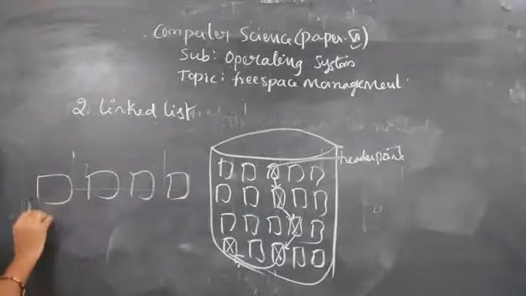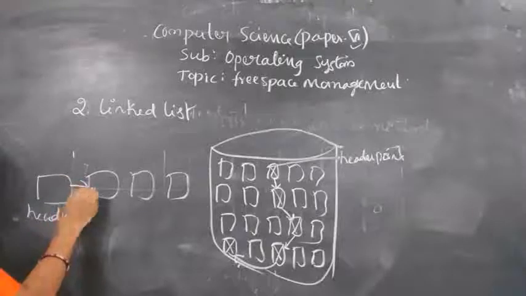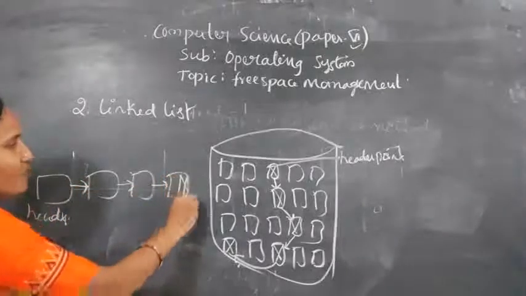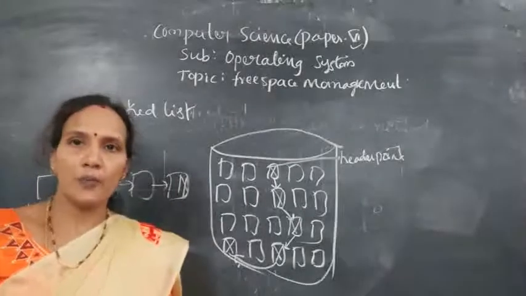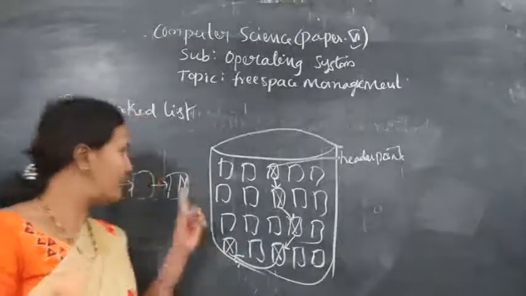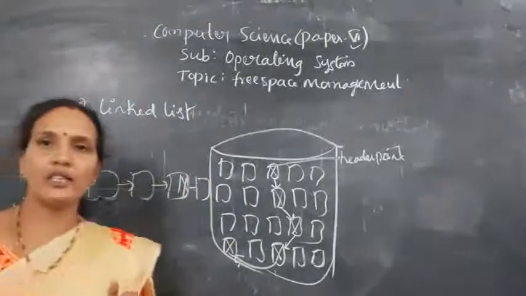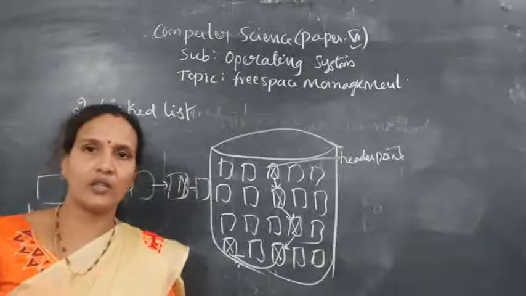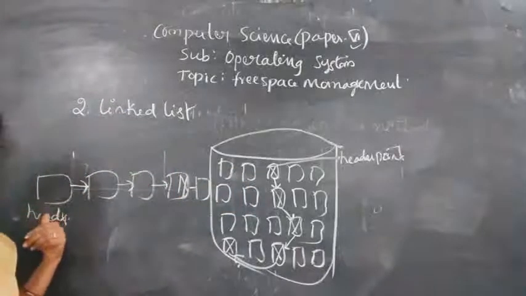The first one is called the header, which points to the next free block, and so on up to the last free block. If any file is deleted, a new block is joined at the end. So in a linked list, whatever free blocks are there are connected using pointers, and the first free block is called the head.